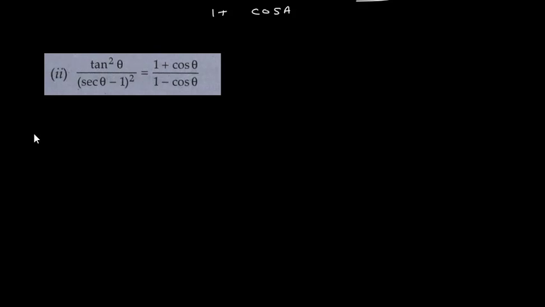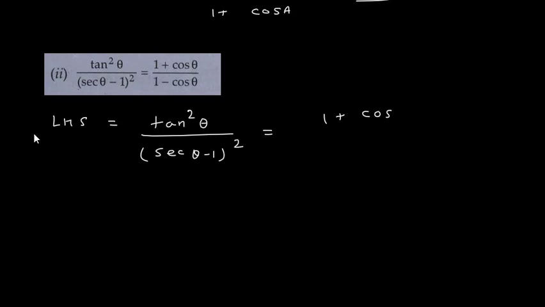Now the second question, you have to prove tan square theta. So LHS is equal to tan square theta upon (sec theta minus 1) the whole square. This you have to prove. It is 1 plus cos theta upon 1 minus cos theta.